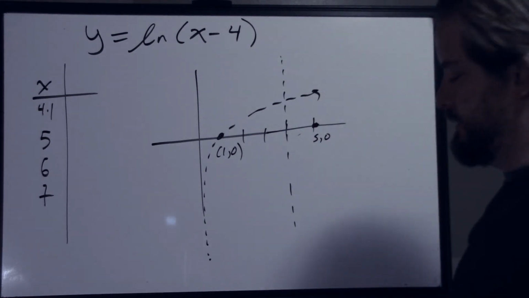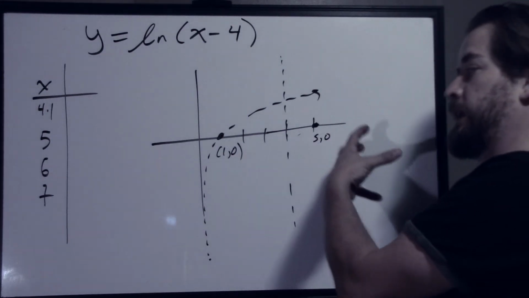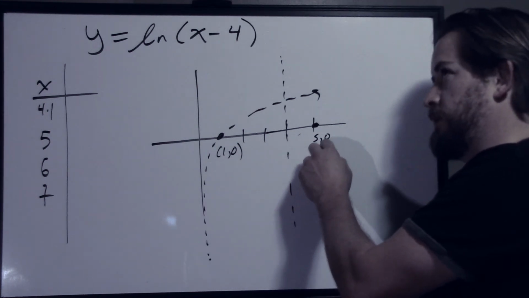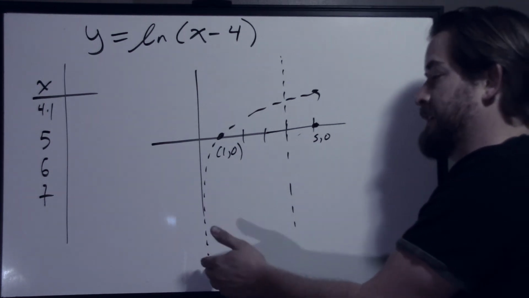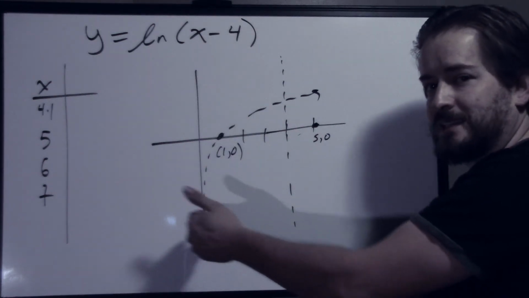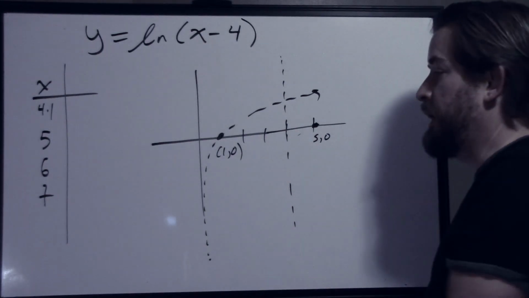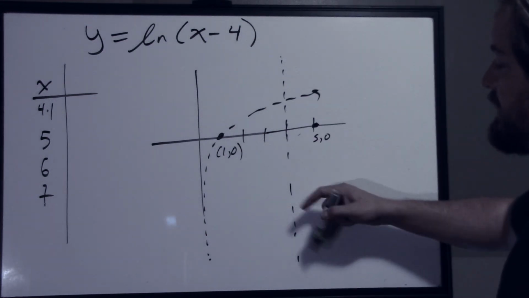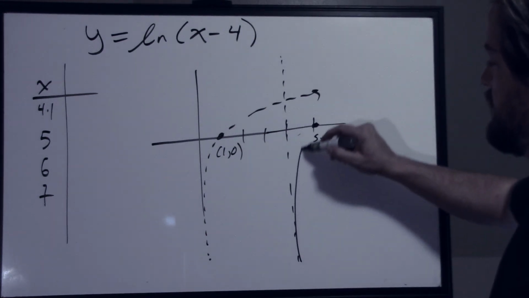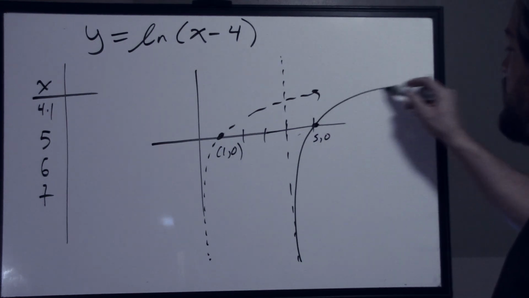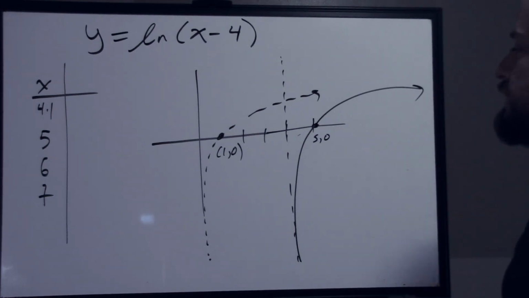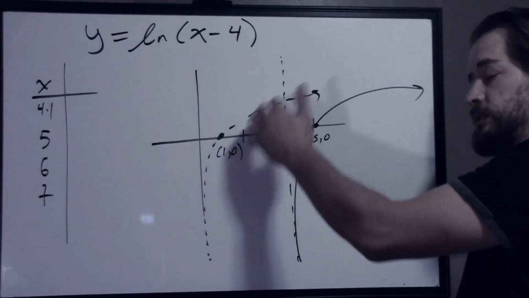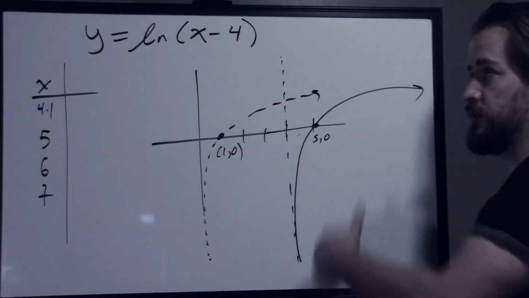I think I said the wrong thing earlier. So 1, 0 moves to the right by 4, to 5, 0. The asymptote that would normally be on your y-axis gets shifted to the right by 4. So I'm asymptotically leaving this line at x equals 4, still hitting this pivot point at 5, 0, and then exponential explosion in the x direction. And so that's all it is, that logarithmic graph that got shifted to the right by 4.